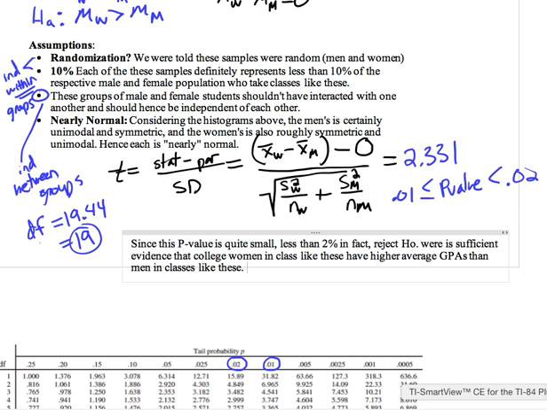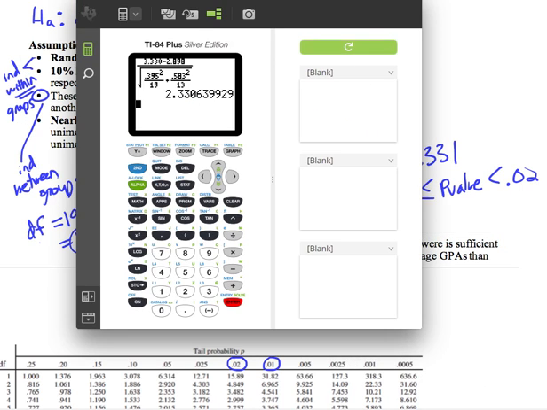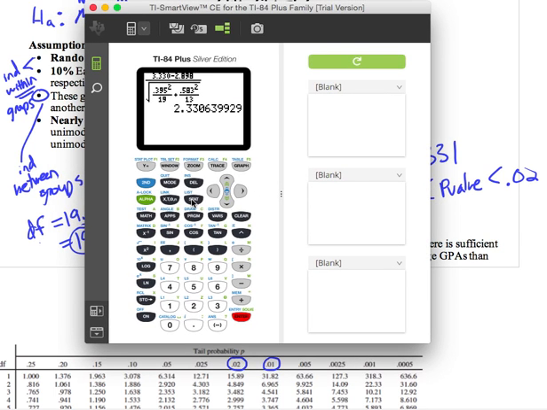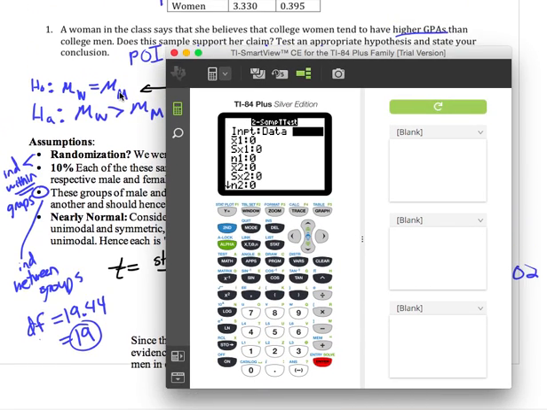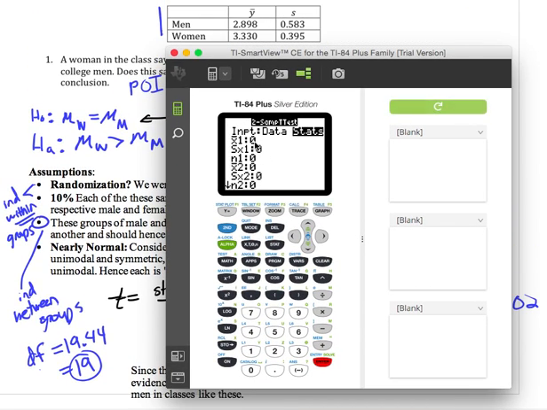Let's go ahead and confirm our p-value with the calculator. So I'm going to run this test on my calculator. I'm going to go to Stat, over to Tests, and this is a 2-sample t procedure, so it's a 2-sample t-test. Now let's just enter the statistics since we didn't even have the raw data, so let me pull that up right here. So there we go. What do we have for the women? We're going to go 3.330.